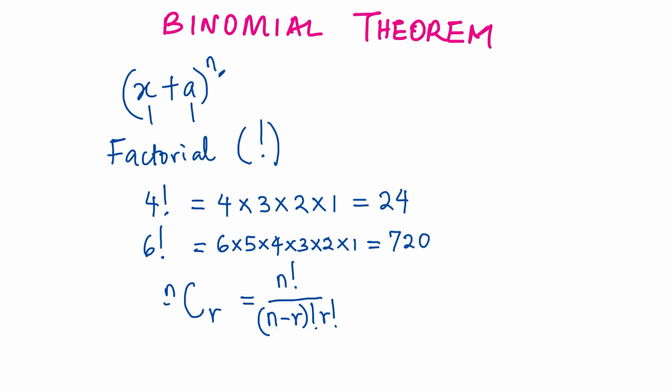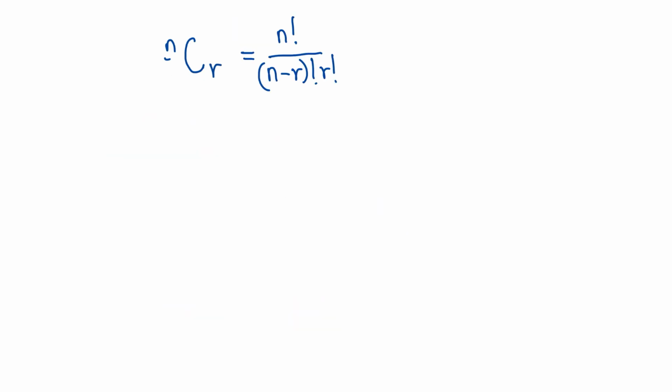The r is the position of the term. So let's say n equals 2, which means we are looking at x plus a power 2. Remember I said that the n doesn't change. So what we'll be dealing with is 2 combination r.